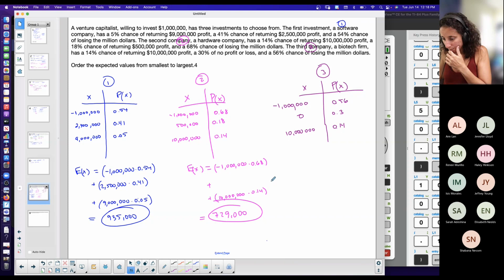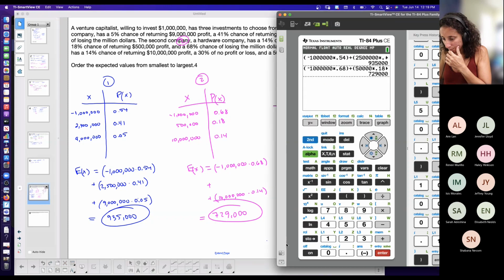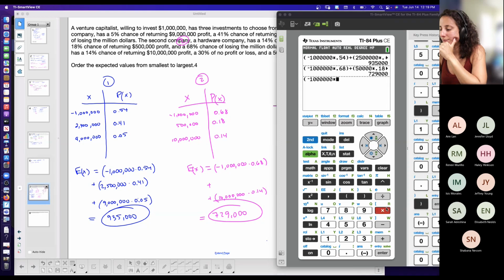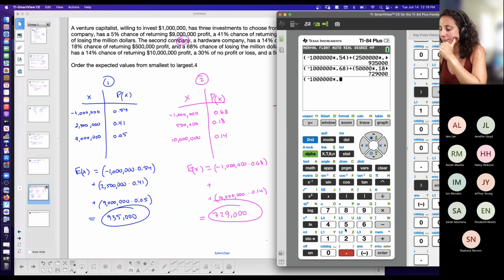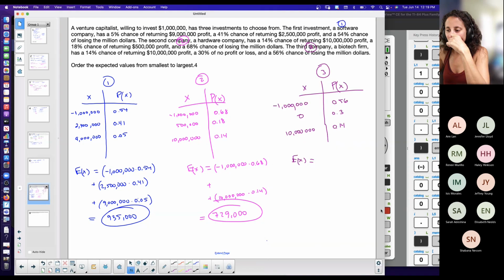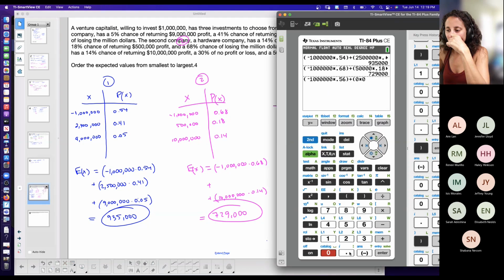Interesting. I'm thinking this might be a little better than that one. Let's see. So either I lose $1 million. I guess you don't necessarily have to do all the times 0.56 plus 0. I'm going to put it in just to show you the process, but 0 times 0.3.